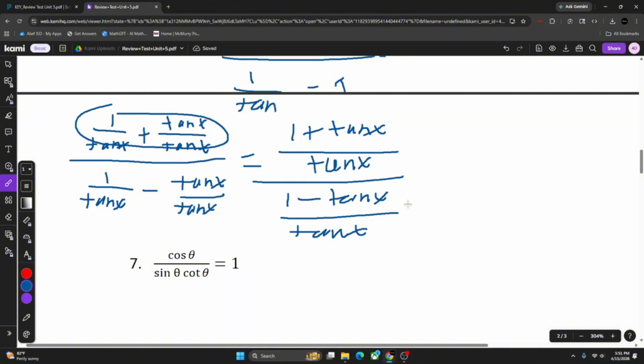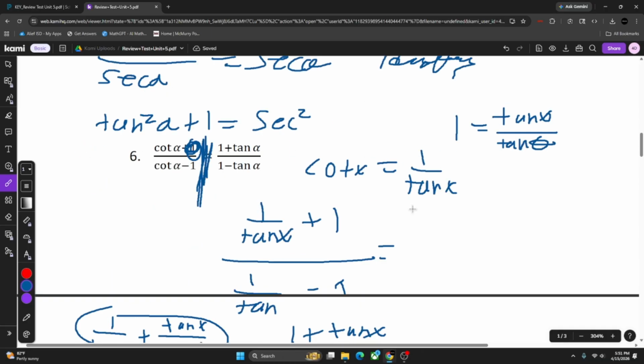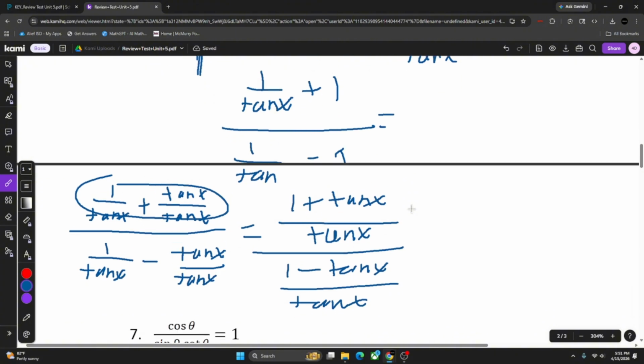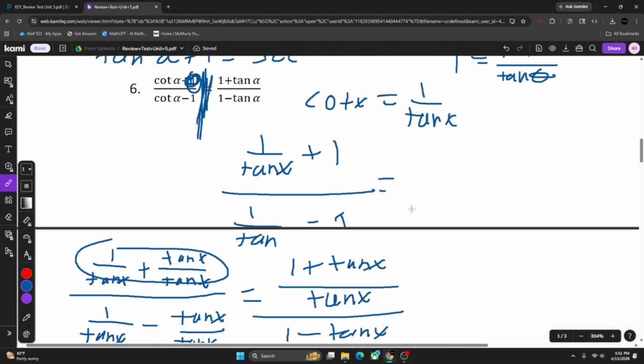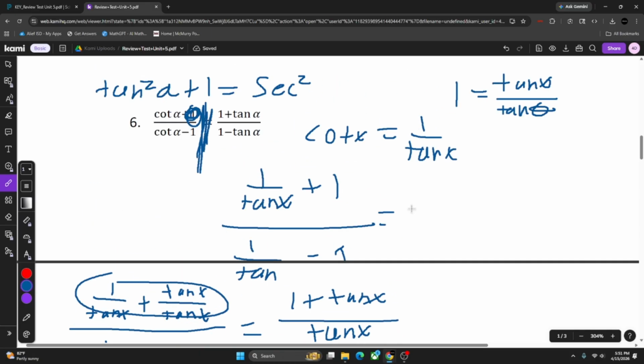What are we supposed to do? Verify. Yeah, that's the answer.